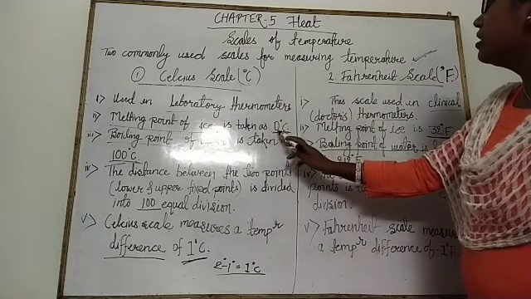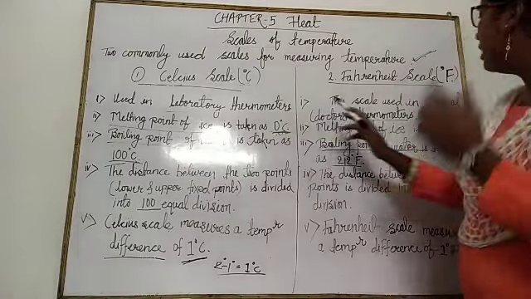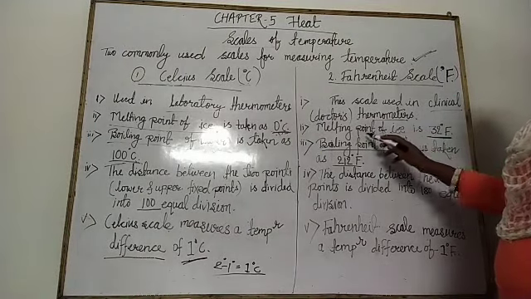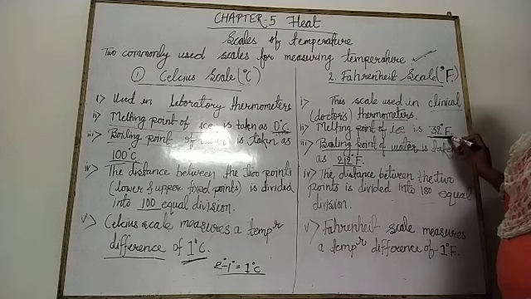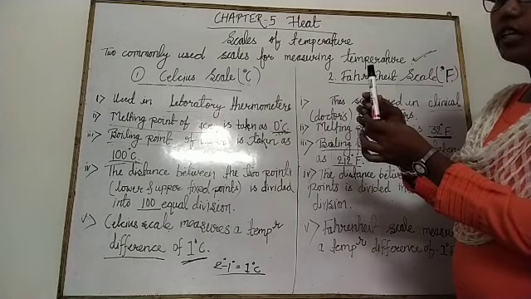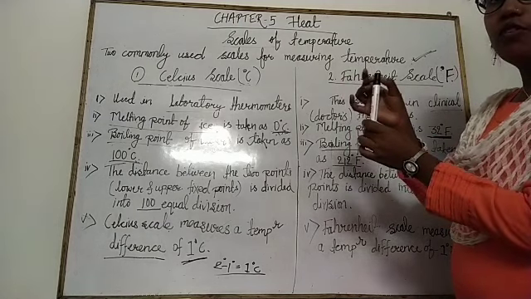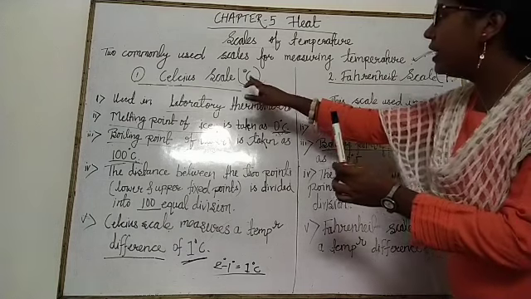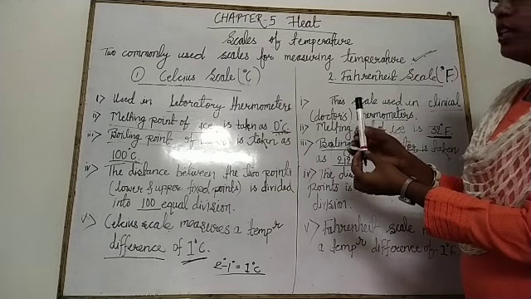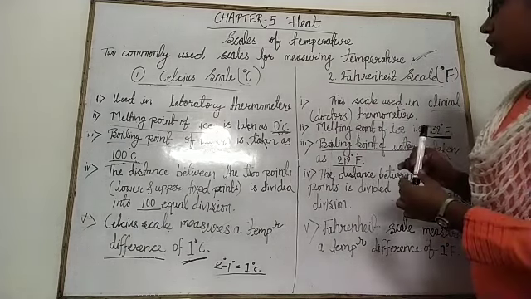Here in the Celsius scale the melting point of ice is 0 degree Celsius, and in the Fahrenheit scale the melting point of ice is 32 degree Fahrenheit. That means the Fahrenheit scale starts at 32 degree Fahrenheit and ends at 212 degree Fahrenheit, but the Celsius scale on a thermometer starts at 0 degree Celsius and ends at 100 degree Celsius.